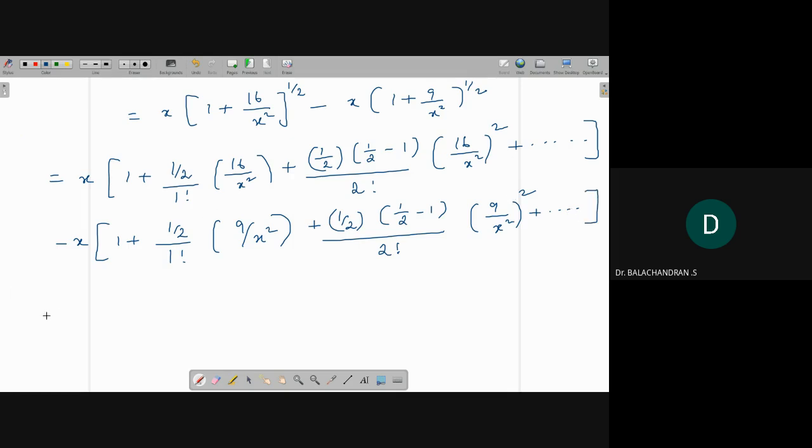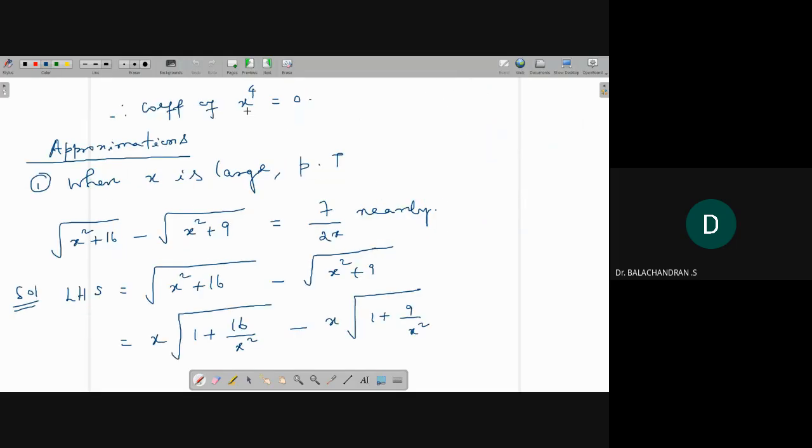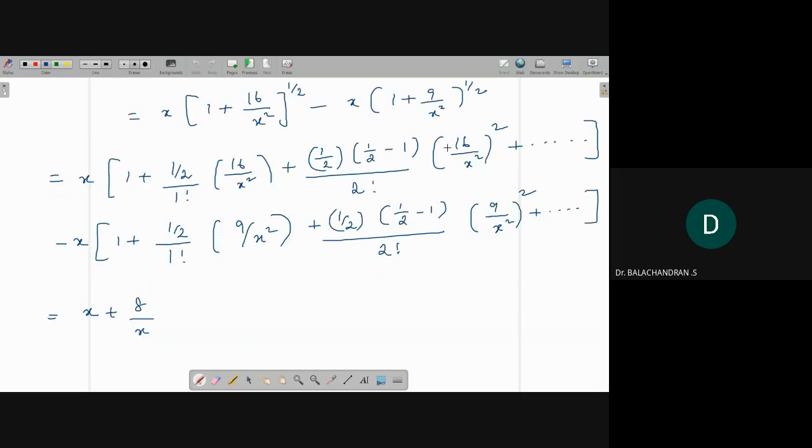Okay, so now if you multiply x into 1, x into this term, 16 by 2 is 8, 8 by x. So I don't need this term, because here x power 4, if I multiply by x, 1 by x cube, but in the final answer I don't have the denominator x cube term, only I have x term. So that's why I omit this term.